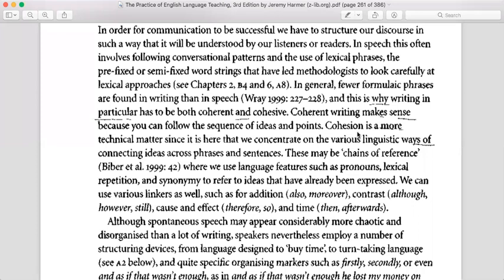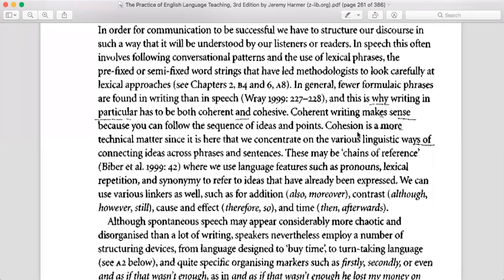There we need to concentrate on various linguistic ways of connecting phrases and sentences. Whereas coherent writing refers to connecting ideas so that the writing makes sense, because there you can follow the sequence of ideas and points.